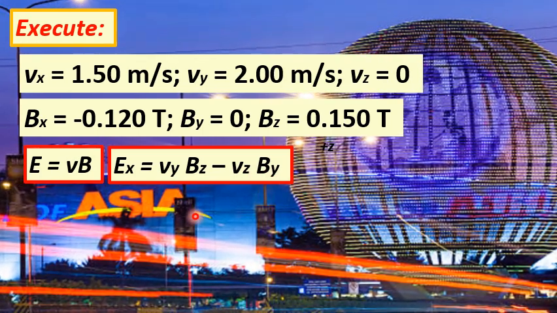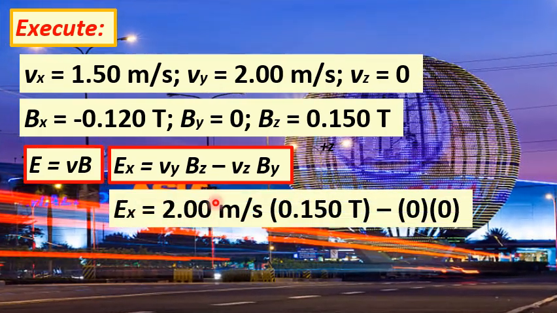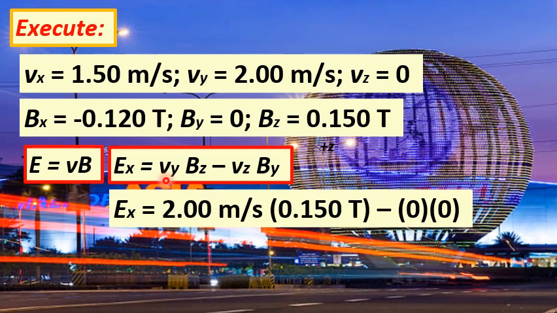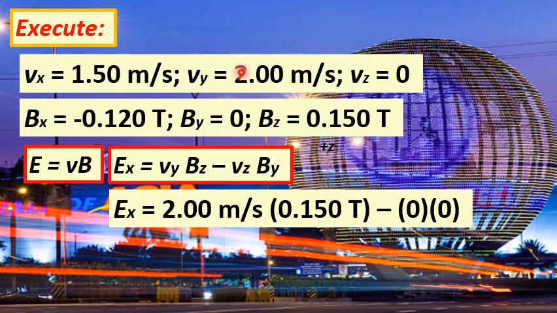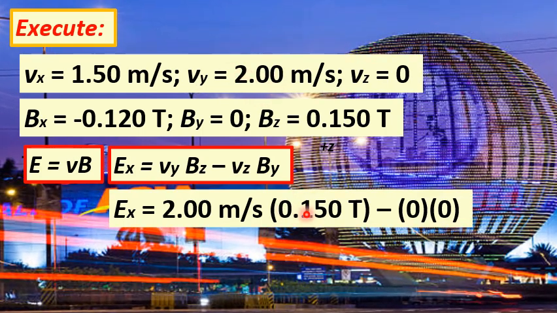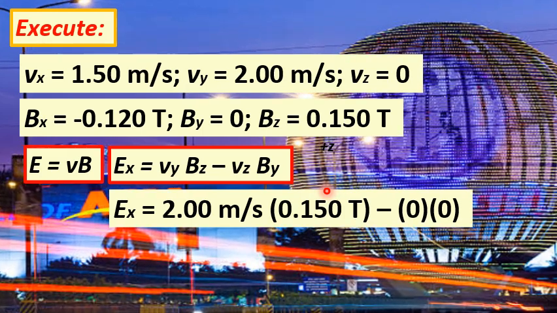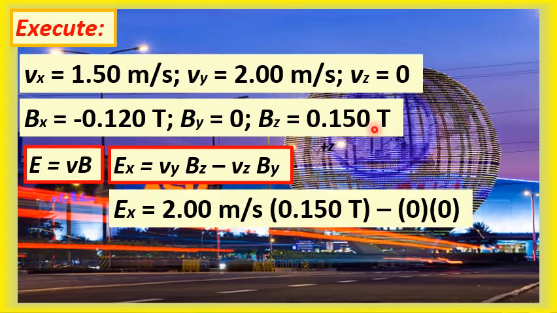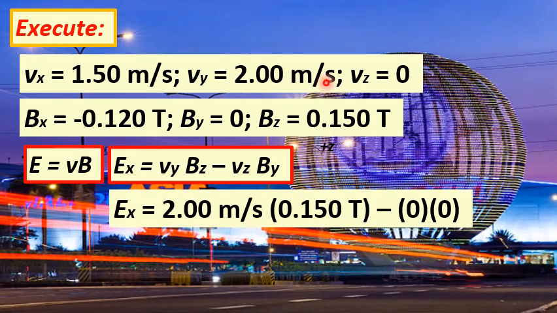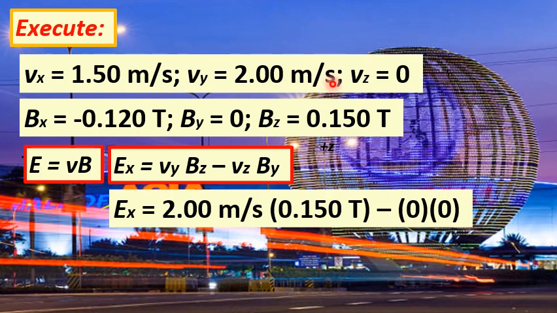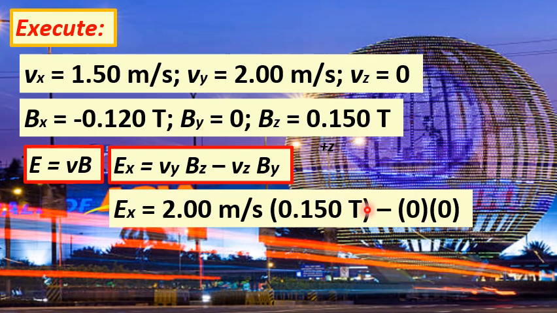So substituting, we get 2.00 meters per second, which is the value of v sub y, times the z component of the magnetic field, which is 0.150 Tesla, minus the value of v sub z is equal to 0, and that of By is also equal to 0.